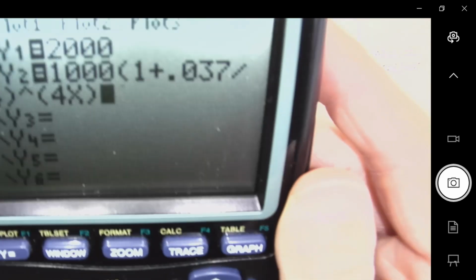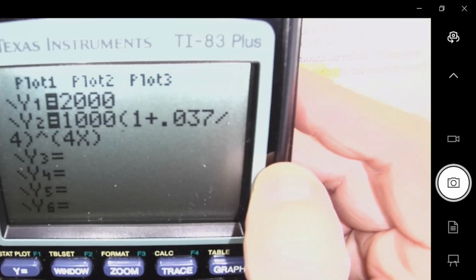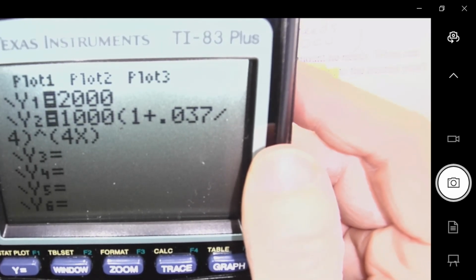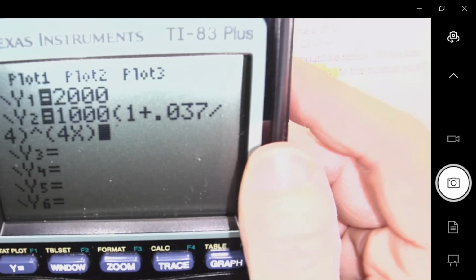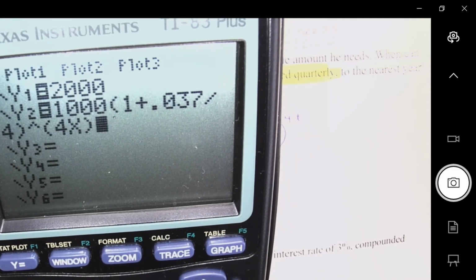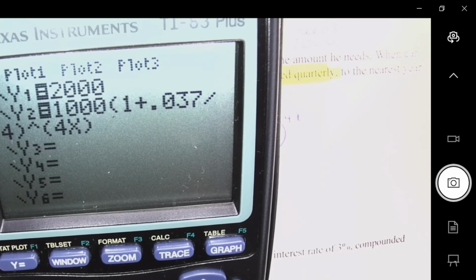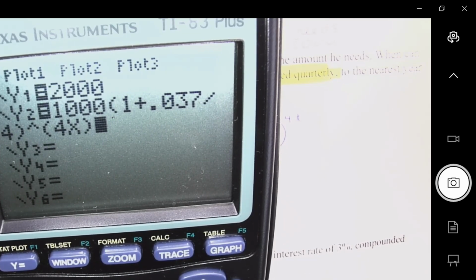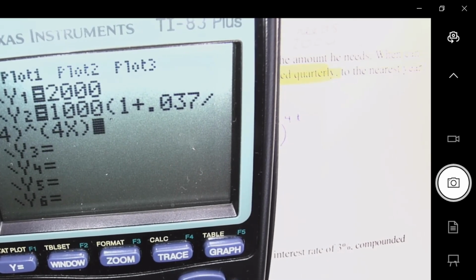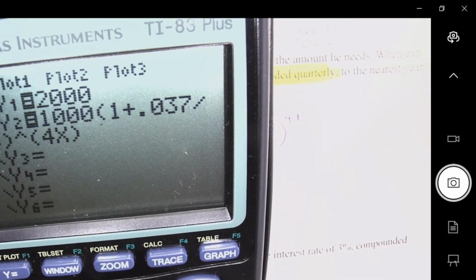By the way, if you don't put the 4x in brackets, it will do it wrong. Or someone might just put x there and then make sure they divide it by 4 when they're all done, whatever, but you have to have that.